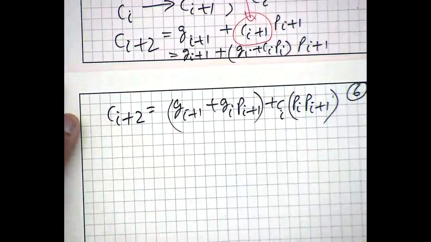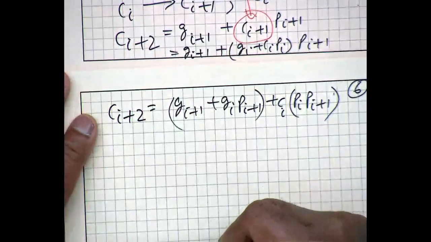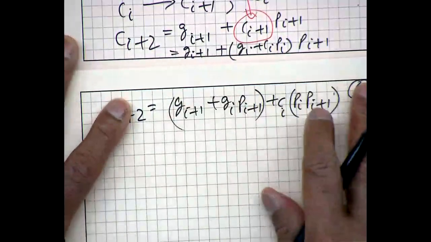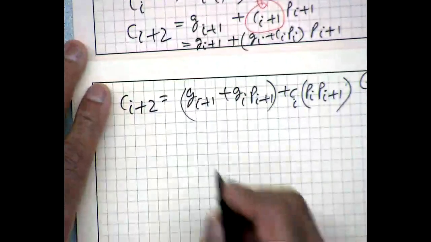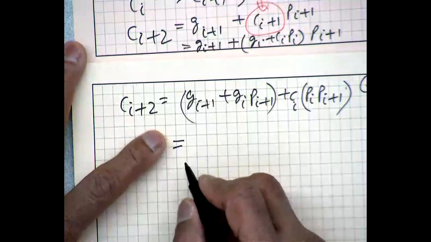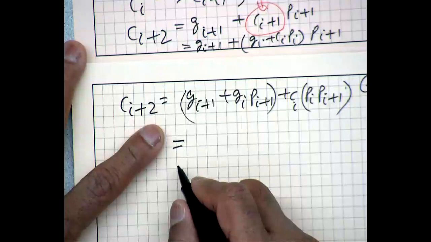Now if you look at what I have done here, I can write this in a similar expression. So I can say Ci plus 2 is equal to, I can introduce a superscript.